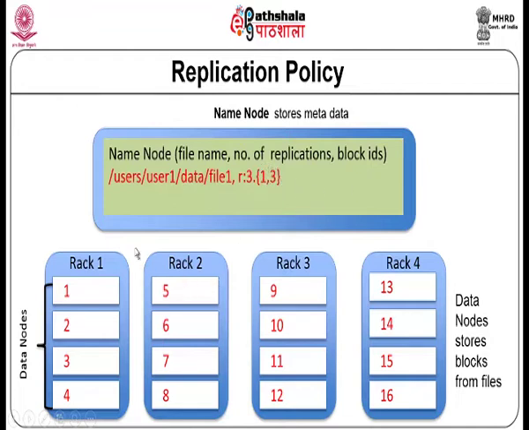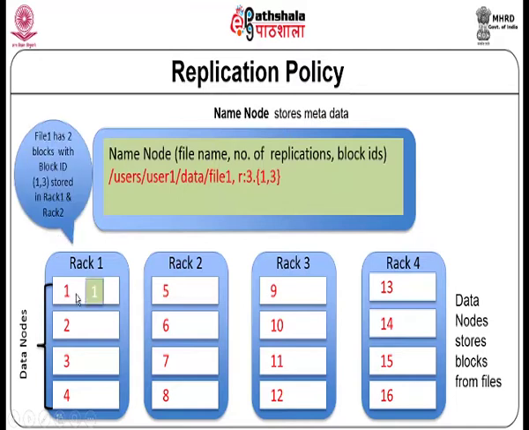If we assume that the local node is say 1, then block 1 will be put in node 1, and the other replicas of block 1 will be away from this rack. So, they can be put in rack 2, node number 6, and rack 2, node number 7. Similarly, block 3 will be perhaps put in rack 2 in node number 5 and the other 2 replicas in another rack.